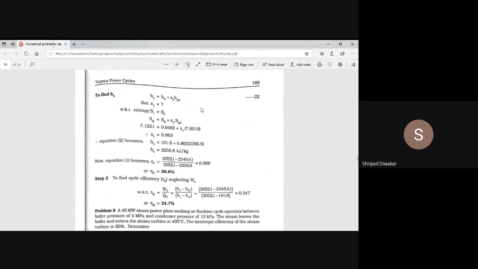Actual is given in the problem as 0.9. So our aim is to find the dryness fraction using the ideal condition, that is X2. So you have to apply the formula H2 equals HF2 plus X2 into HFG2, where X2 is unknown. Now refer once again to the TS diagram.